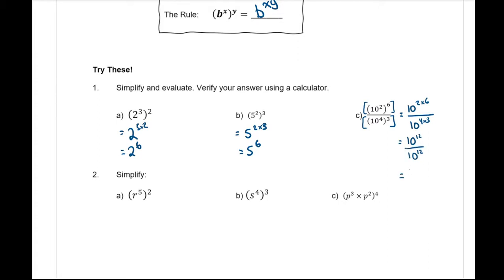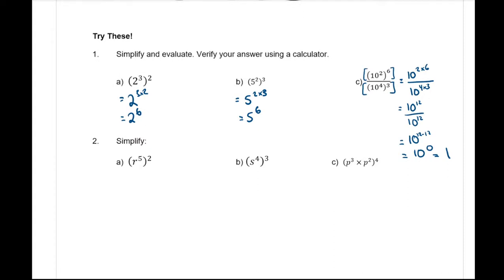Now I can divide, so 12 minus 12, 10 to the power of 0, which is another rule or a special case that equals 1. So a little bit long because we had to do multiple steps or operations here.